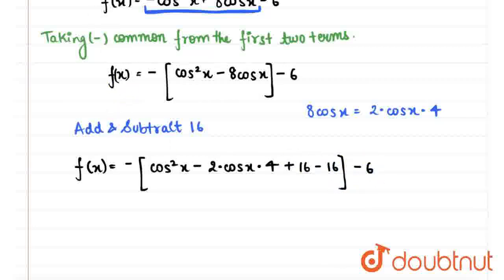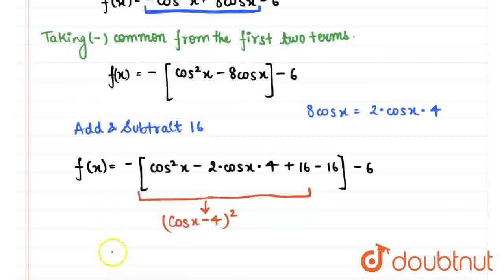Now we can see that cos square x minus 2 cos x into 4 plus 16 is nothing but a perfect square, right? This is a perfect square for cos x minus 4 whole square.